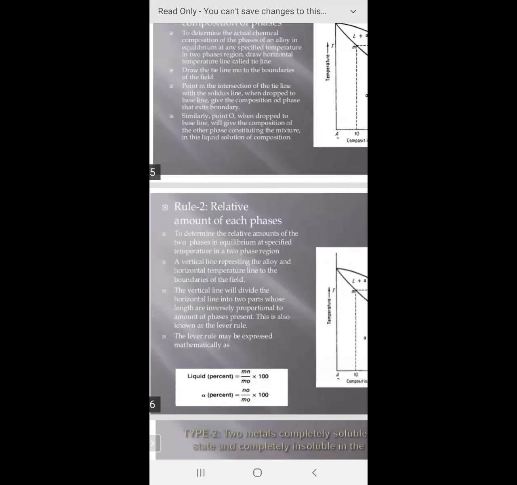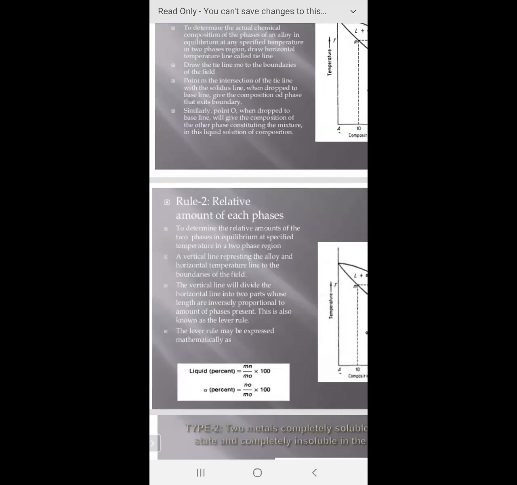Then the vertical line will divide the horizontal line into two parts whose lengths are inversely proportional to the amount of the phases present. This is known as the Lever rule.